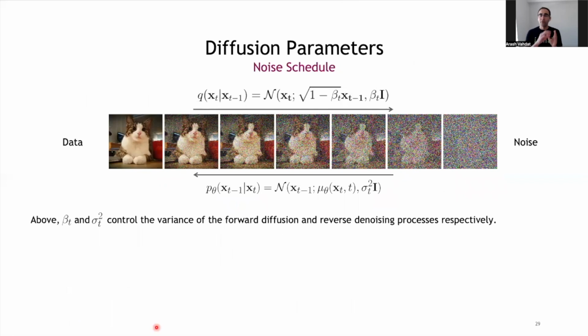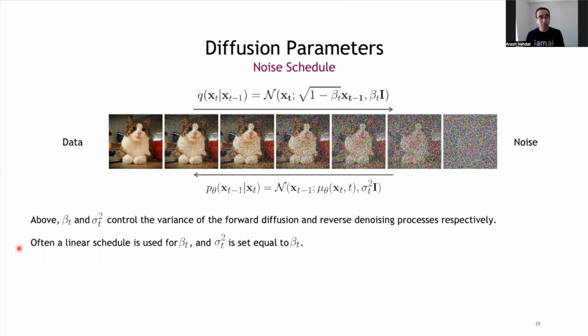So far we talked about the forward process, reverse process, training, as well as network design for diffusion models. Let's also talk about some of the hyperparameters that we have in diffusion models, mostly the beta t schedule, the variance of the forward process, and the variance used in the reverse process, sigma t squared.